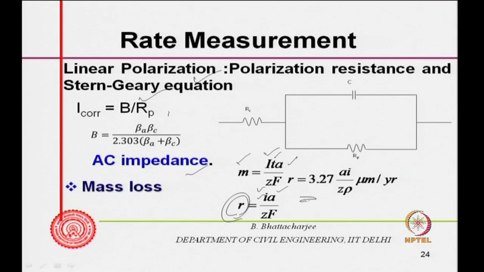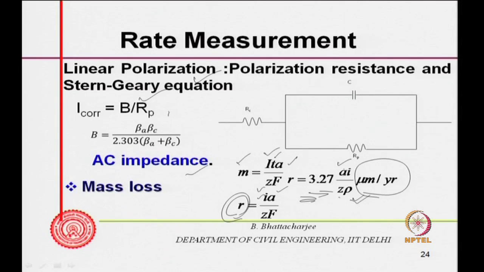R can be related, by dividing by density, to micrometer per year, as 3.27 times corrosion current density times atomic weight divided by Z times density of the material. Z is the number of electrons transferred.